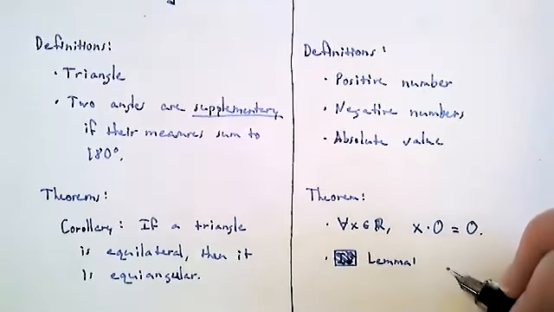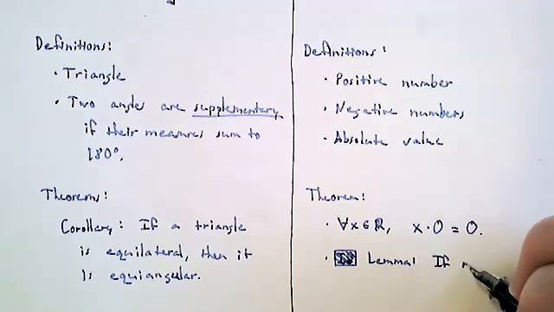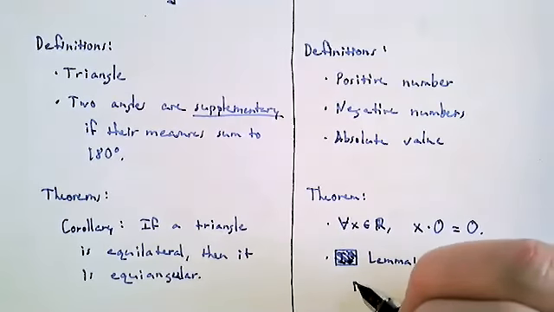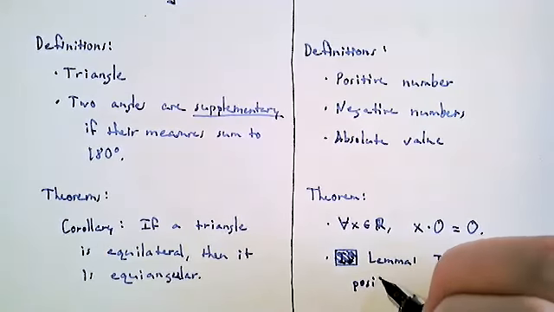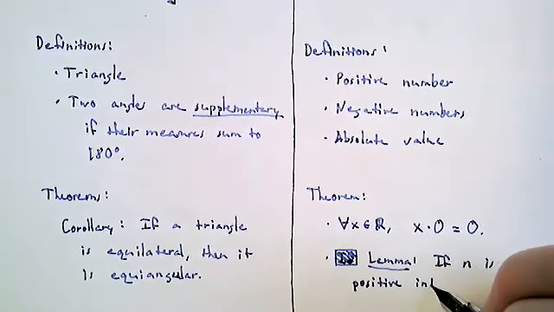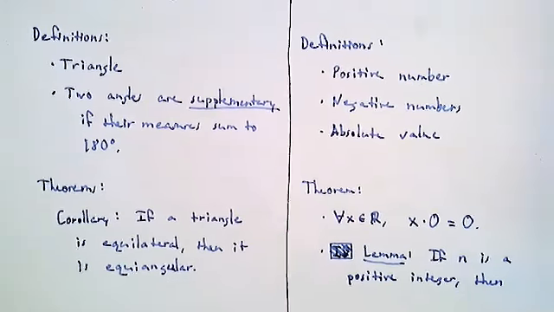This one says, if n is a positive integer, then n minus 1 is also a positive integer.